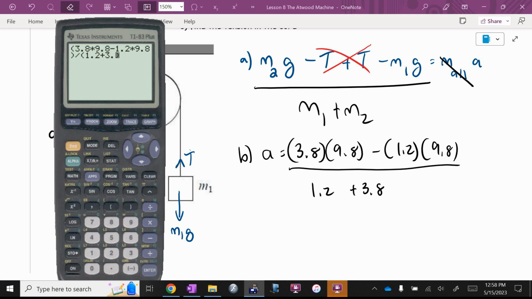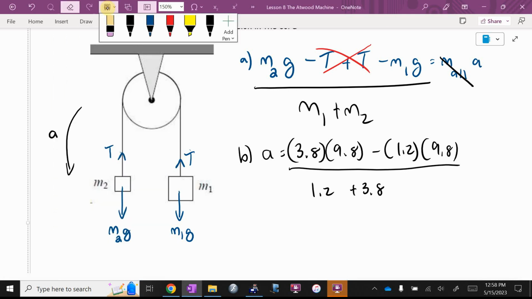Typo, Mr. Dueck. 3.8 times 9.8 minus 1.2 times 9.8. That looks good. First thing, did you get 5.096? Yeah. Got a positive answer. That means we picked the right winner. If you got a negative answer, you picked the wrong winner. Try again. I'm going to write 5.1, but I'll store this on my calculator.